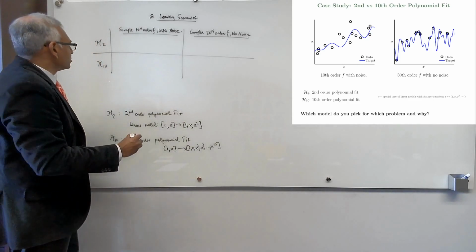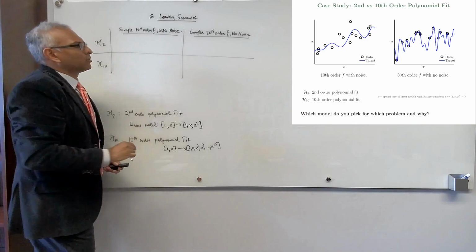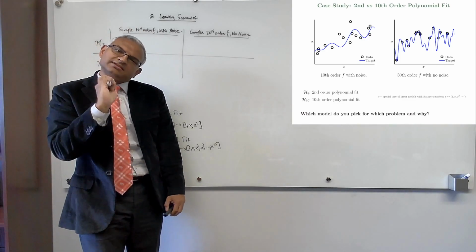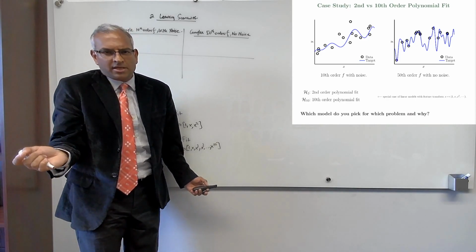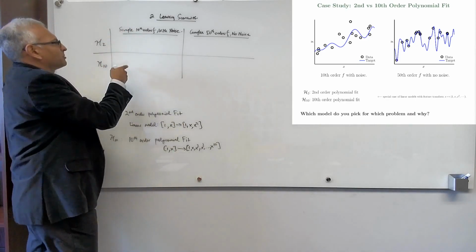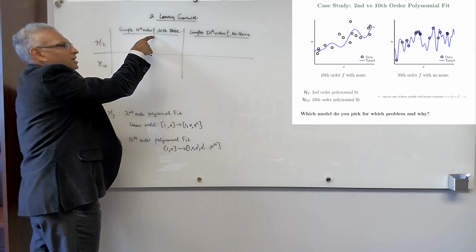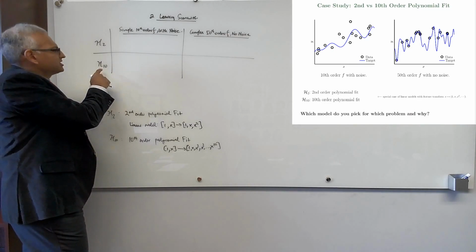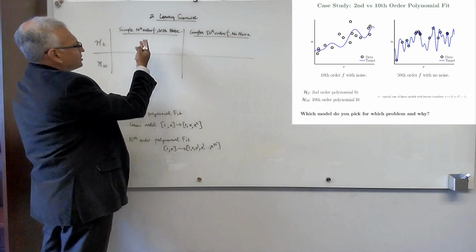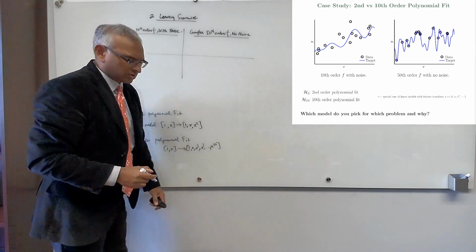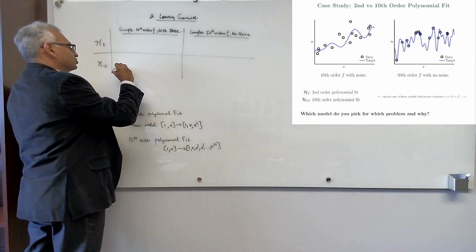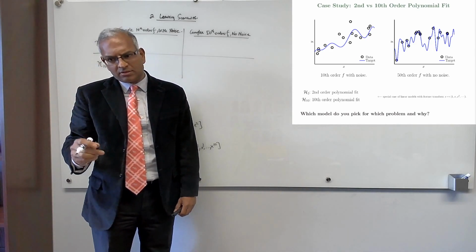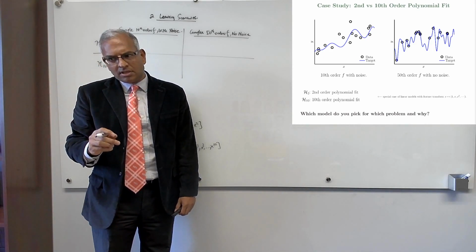So let's start with a simple 10th order target function. I'm telling you that it's a 10th order target function, so it's a no-brainer, right? Here we have an opportunity to fit the 10th order target function with the 10th order hypothesis. So it seems like the 10th order polynomial fit should have a good chance of extracting the 10th order target function. So maybe we should choose this guy. But we saw earlier that when you add a little bit of noise, it can throw things awry.